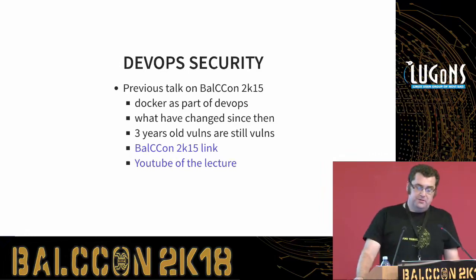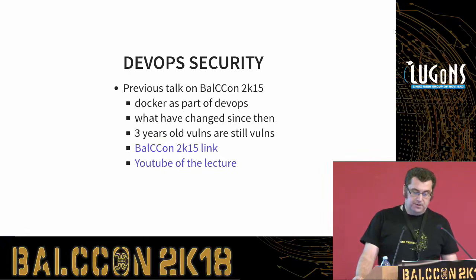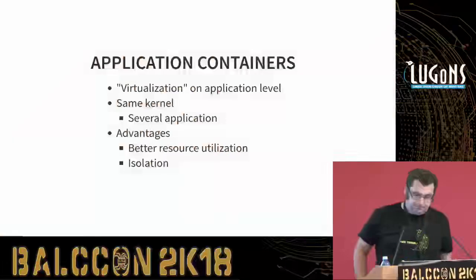So I will talk mostly about what has changed since then, and if you're interested in what I talked about last time, there is a YouTube video of my last lecture from 3 years ago, so you can take a look. Because what's the problem? A 3-year-old vulnerability is still a vulnerability, right? So you still need to do your homework, right? So let's start.